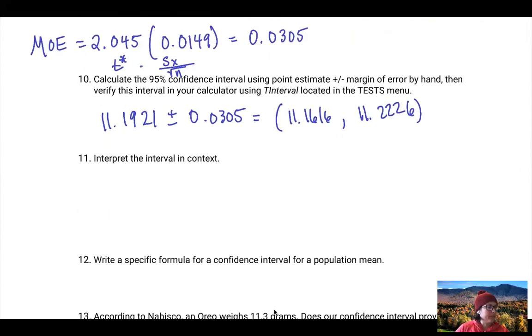When we interpret this interval, we have to make sure we do it in context, and we mentioned the 95% confidence level.